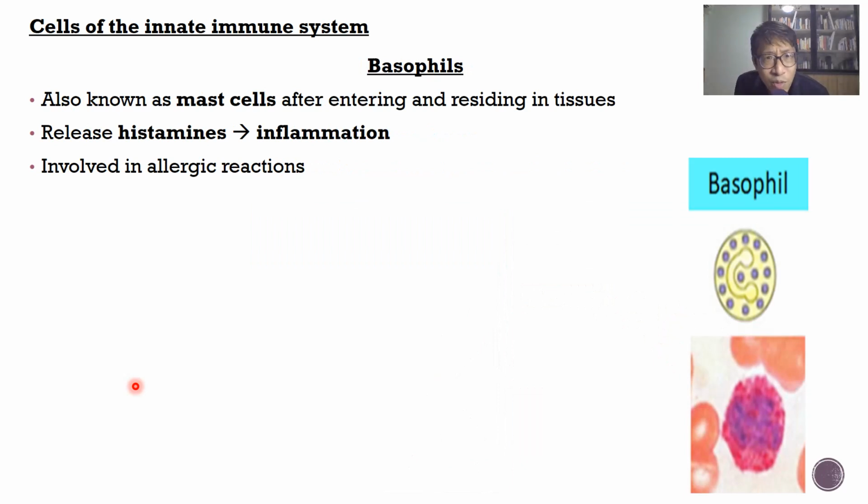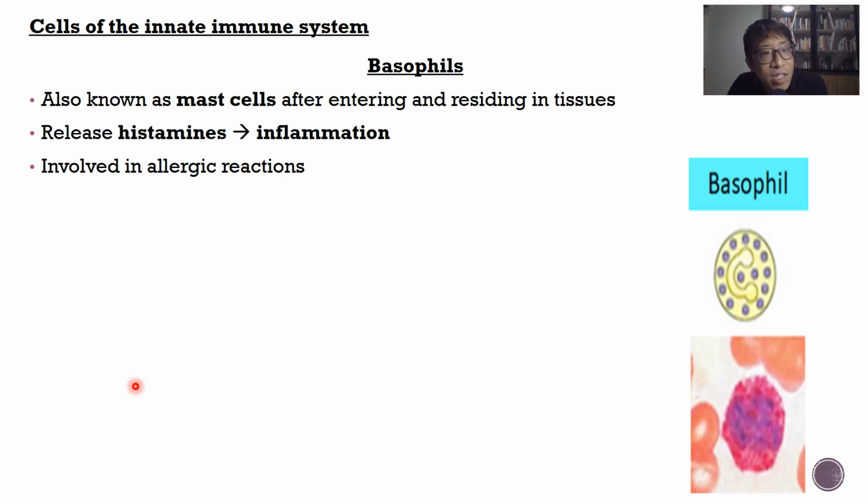Then we have the basophils, also known as mast cells, depending on whether it is in circulation or inside the tissues. Whether it's basophils or mast cells, they serve the same function. They release histamines. Histamines are not cytokines, it's another kind of signaling molecule, but the effect is quite similar. Histamines also cause increased blood flow and increased permeability of the capillaries, so therefore inflammation.